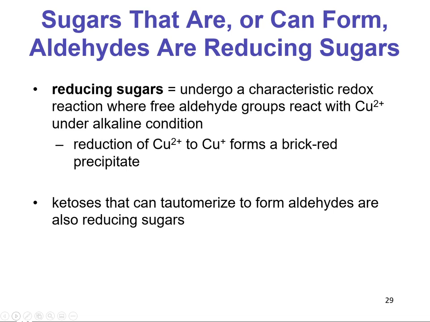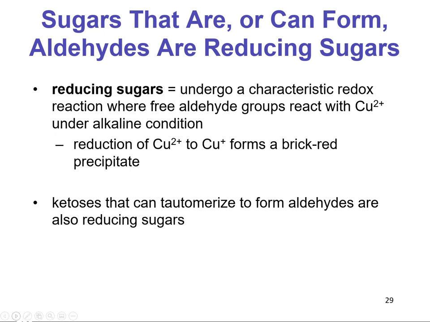And so finding the difference between simple sugars and more complex sugars, we're talking about doing things like this using copper and alkaline conditions, looking at whether or not something's a reducing sugar or not, looking at whether or not you've got starches or simple monosaccharides, that kind of thing. So these tests are useful when you're trying to identify things.